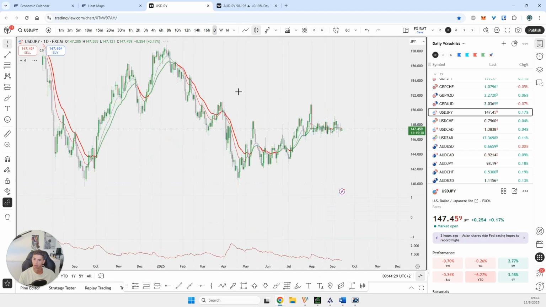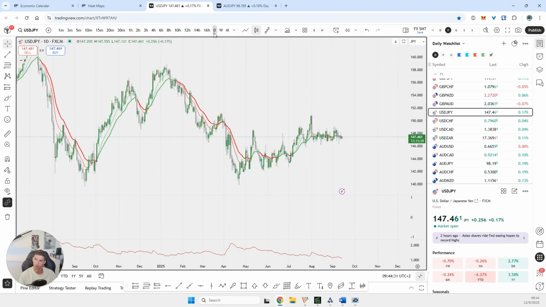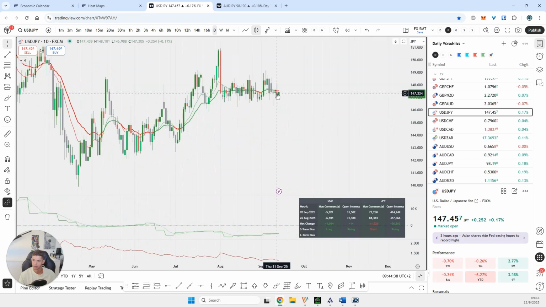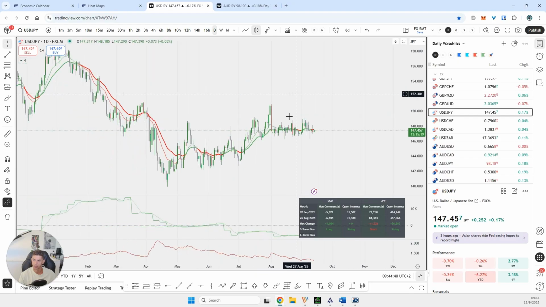We did exactly the opposite of what we should have done. We should have gone from the higher time frame to the lower time frame. We went from the lower to the higher, but the picture is still the same in all time frames. Rangy, choppy, both weak. So yeah, you can trade either of the two, right?